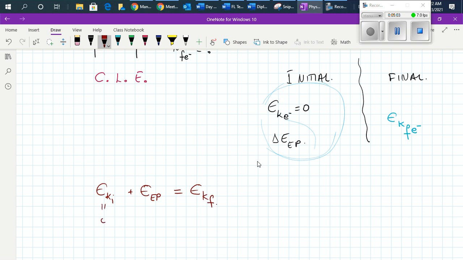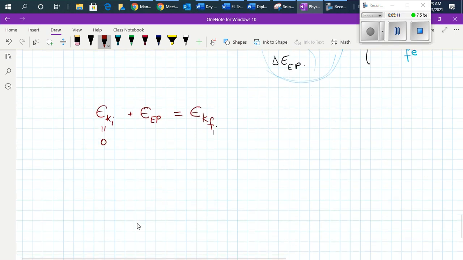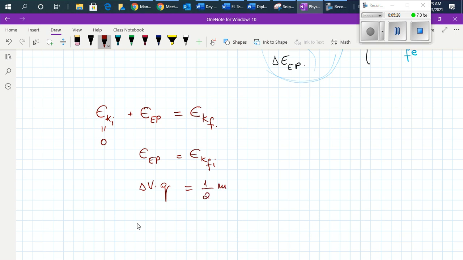Now, since it is released there, the electric potential energy is equal to kinetic final. Electric potential energy is the change of voltage times the charge, and this will be 1 over 2 mass times V final squared of the electron.